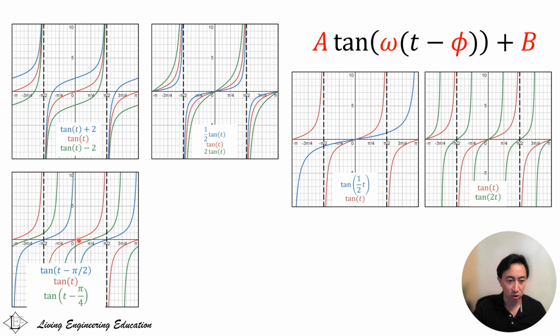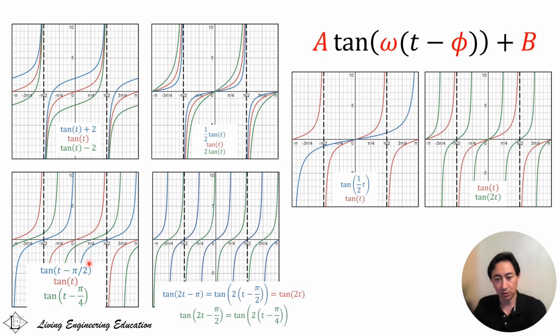So if I grab it and shift it back to the left, pi over 4, the graph's going to overlap. And similarly for the blue graph, pi over 2, I grab that point and shift it by pi over 2, the graphs will overlap. So the phase shift occurs in the same way as we looked at for the sine and cosine graphs.